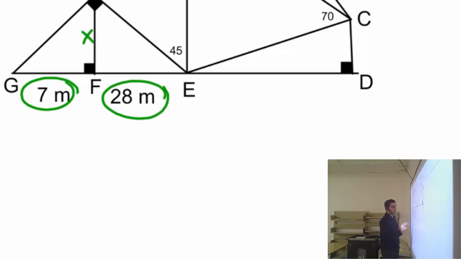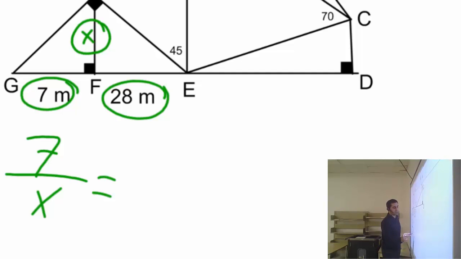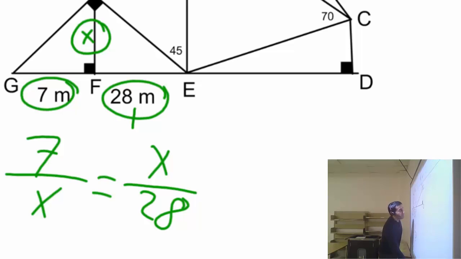Let's pick 7. And I will divide that by the side here, which is X, equals, I'm going to reuse the X, divided by the other side I didn't pick, which is, in this case, 28.